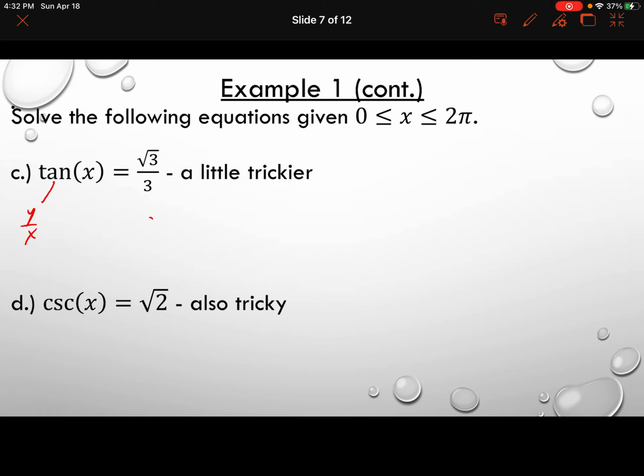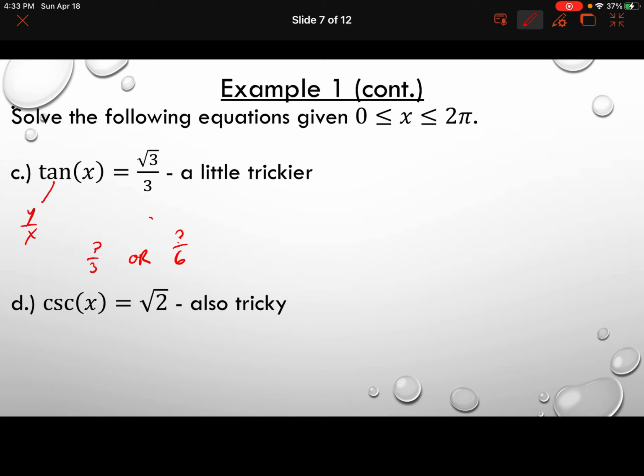Well, there is a square root of 3 in the answer, and that's good. That means our final answer is either going to be something over 3 or something over 6. Those are the radian measures we're going to be looking at.